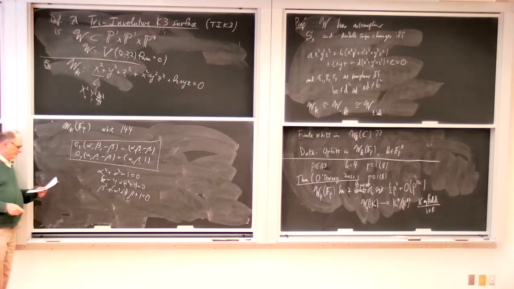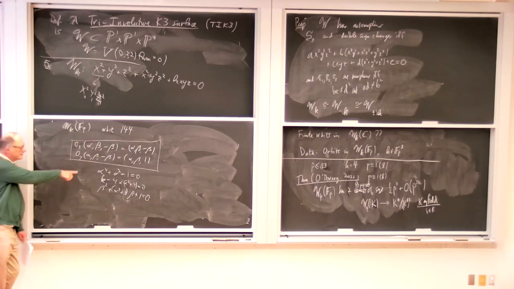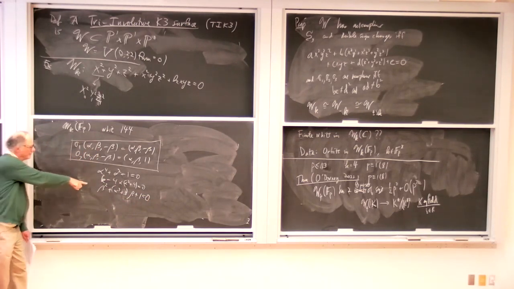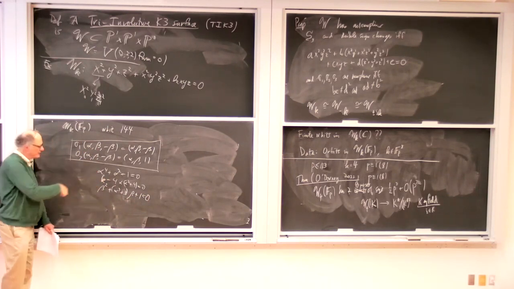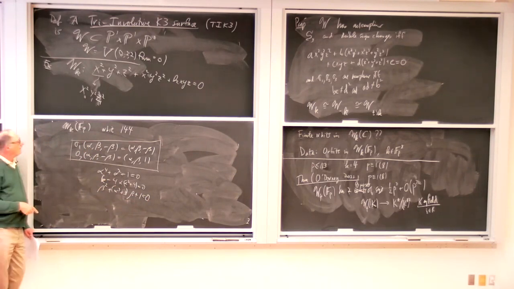In these 3 variables. And then you can check that even in characteristic 0, if you take alpha a root of this quartic, that determines K from this, and then beta is a root of this quadratic, then you get that this point has a finite orbit of size 144.